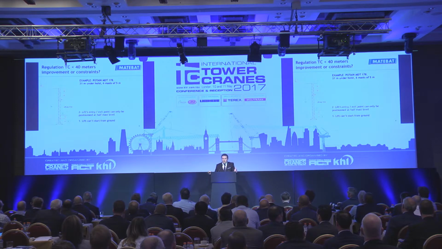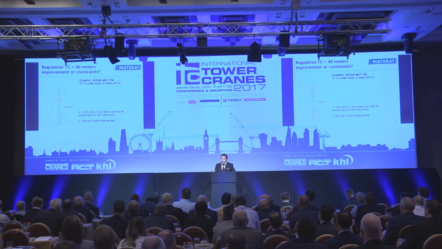Then, lift entry and exit can't be done at a mast level. It has to be done in the middle of a mast. So you are losing another, let's say, 2 to 3 meters. So the operator still has to climb the stairs in the normal way.